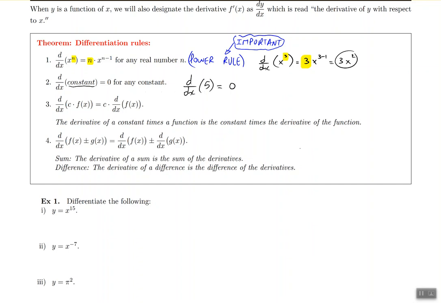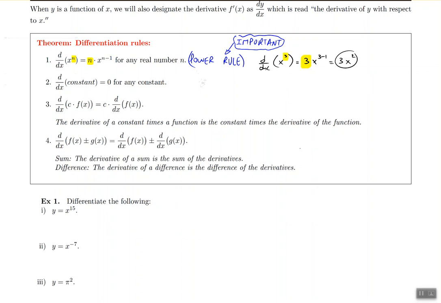So regardless of which number is sitting inside the parentheses, the derivative of that number is going to be 0. So even if you have the derivative with respect to x of, let's say, pi, which by the way is like 3.14, you'll get 0. What about the derivative with respect to x of -7/4? Again, 0. The derivative of a number all by itself is always going to be 0.